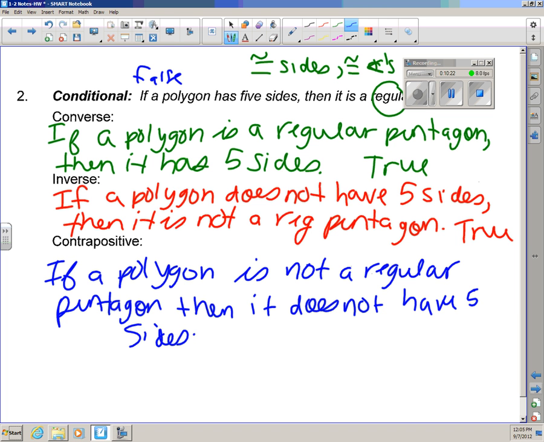Well, it doesn't have to necessarily have the 5 sides. If I'm not a regular pentagon, then I can have as many sides as I want. It doesn't really make a difference. Bottom line is it is logically equivalent to the conditional.